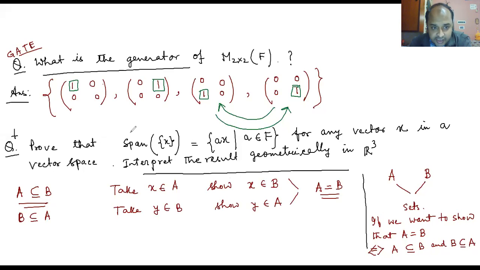So my first set is capital A. My second set is capital B. Let us try to prove it. Proof: let us name this element E, where E stands for element.